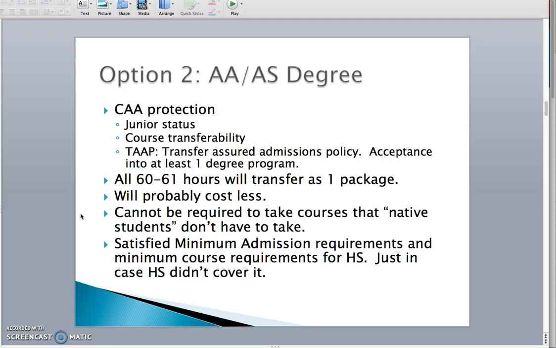So therefore, it's probably going to cost less also because you can transfer more courses. You cannot be required to take any courses that native students don't have to take. And then finally, if by chance you didn't satisfy the minimum admissions requirements when you were applying to UNC system schools right out of high school, this will cover it. So you can see a lot of pros here.